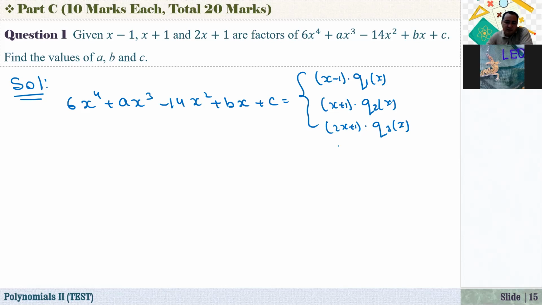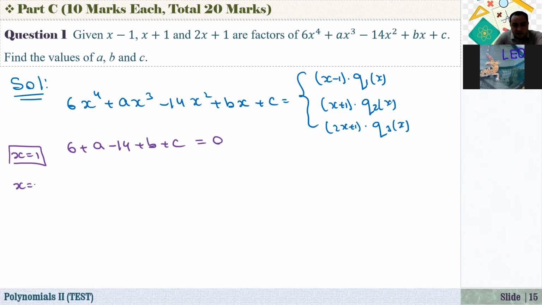So now what does it mean? It means that if x equals 1, the value of the polynomial should be equal to 0. If x equals negative 1, the same thing should be equal to 0. If x equals negative 1 over 2, the value of the polynomial should be equal to 0. So now if you just substitute one by one, the first one, if x equals 1, we have 6 plus a minus 14 plus b plus c is equal to 0.